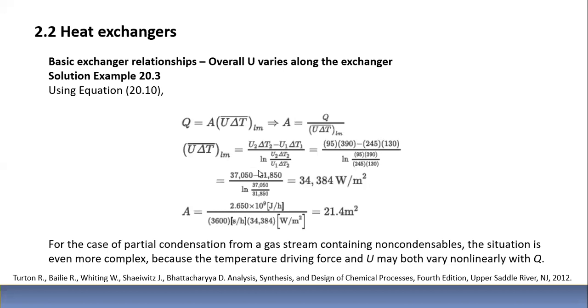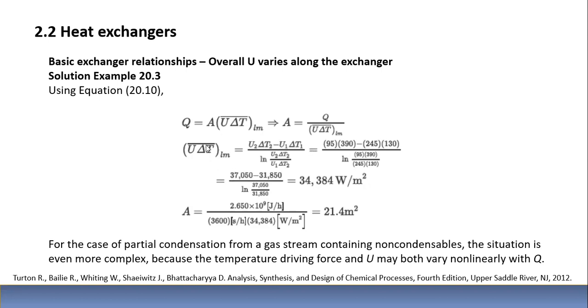It ends up being 34,384 watt per square meter. Why are the units in square meter and not square meter per Kelvin? Because we were already multiplying these times the temperature difference, which is in Kelvin.